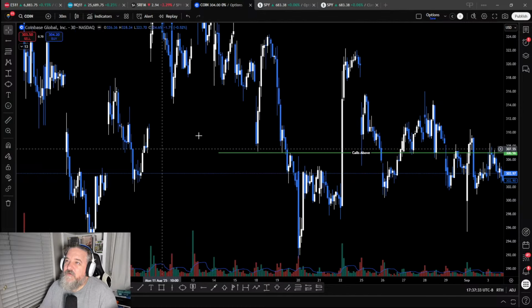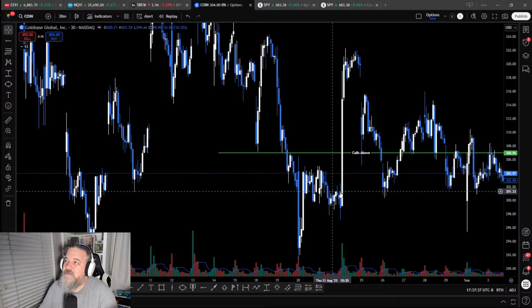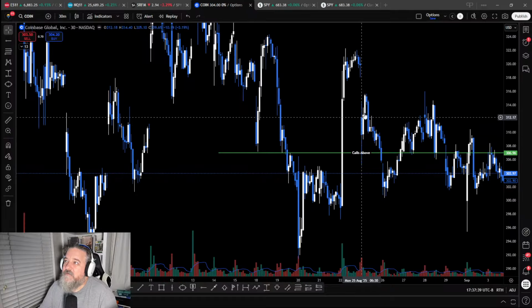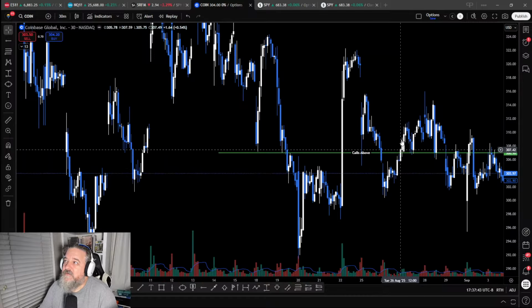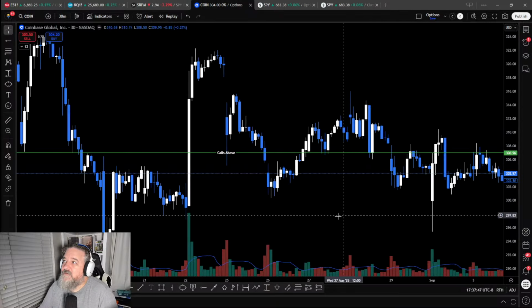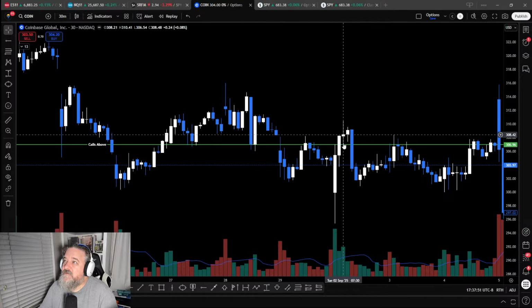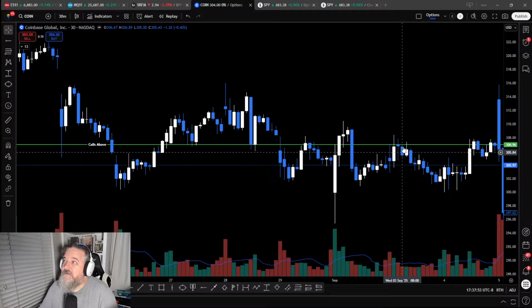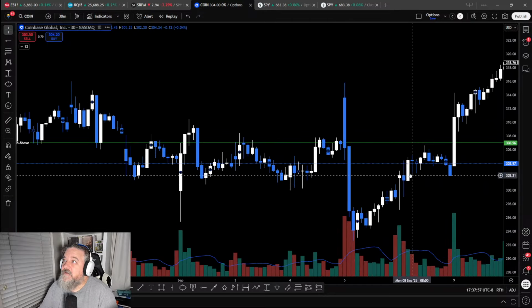But yeah, so support here, support, breakthrough, turned into resistance, broke back above, became support, below, resistance for a second there, support, resistance, support, resistance, right?